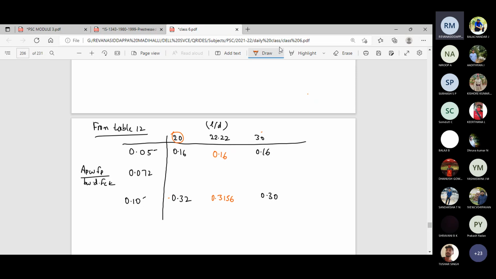Now when L by D is equal to 22.22 and AP FP by BD FCK is equal to 0.05, the corresponding XU by D is 0.16. Similarly, when L by D is equal to 22.22 and AP FP by BD FCK is equal to 0.10, the corresponding XU by D is equal to 0.3156.